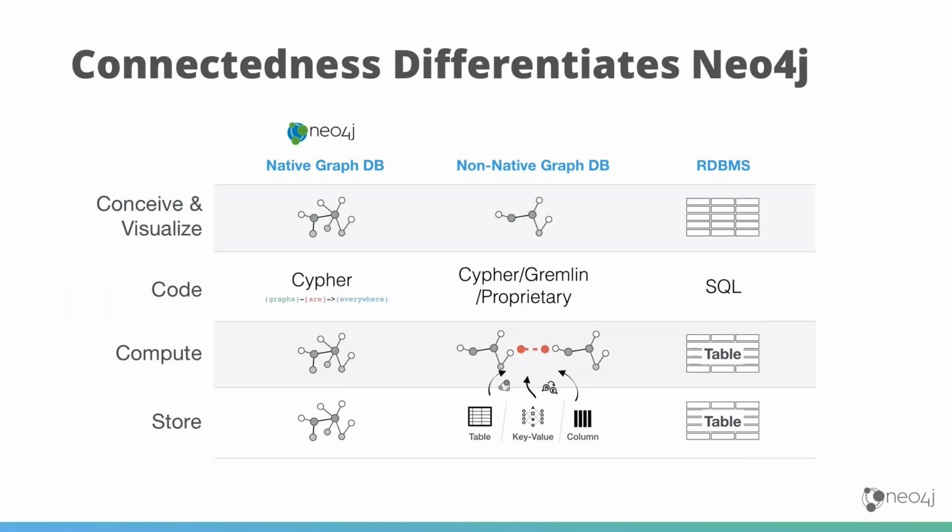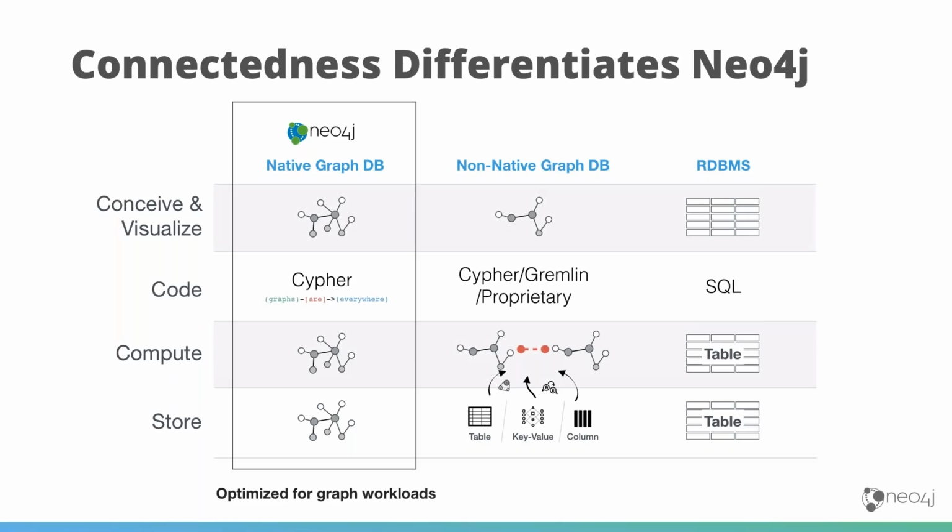So the idea of a property graph and the idea of Neo4j as a native graph database is different because of the way we store data, the way we compute and query this data, even the Cypher language that we have invented that essentially represents, conceptualizes, and then helps visualize the data as a graph.